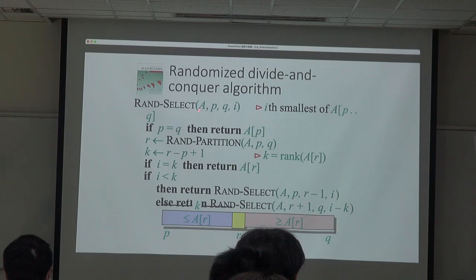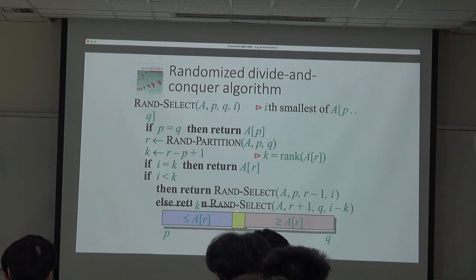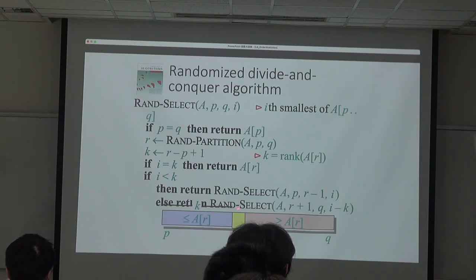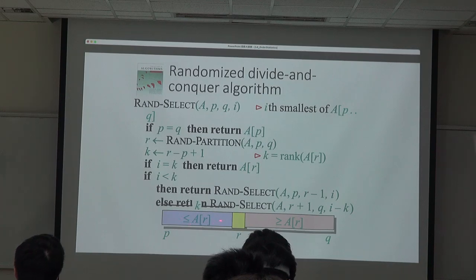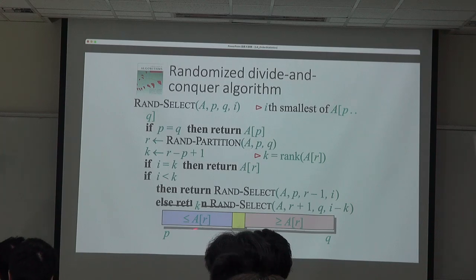At the end, it's going to look like this. The index R will hold your pivot. All the numbers in front, we don't know their order or rank, they are still not sorted, but we know these numbers will be smaller than your pivot, which is marked by yellow.